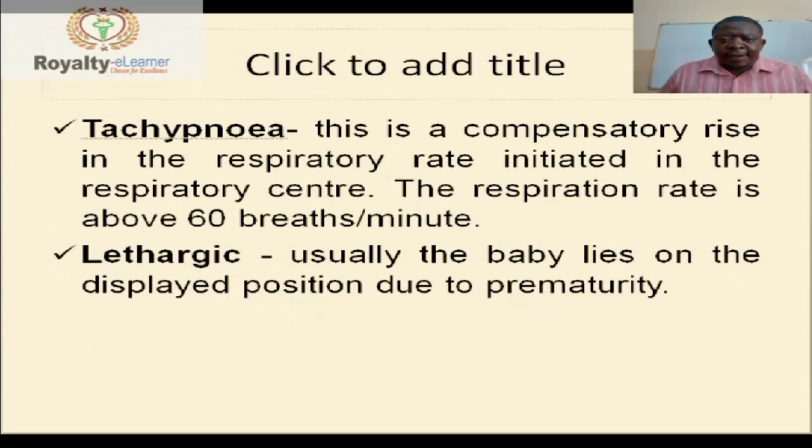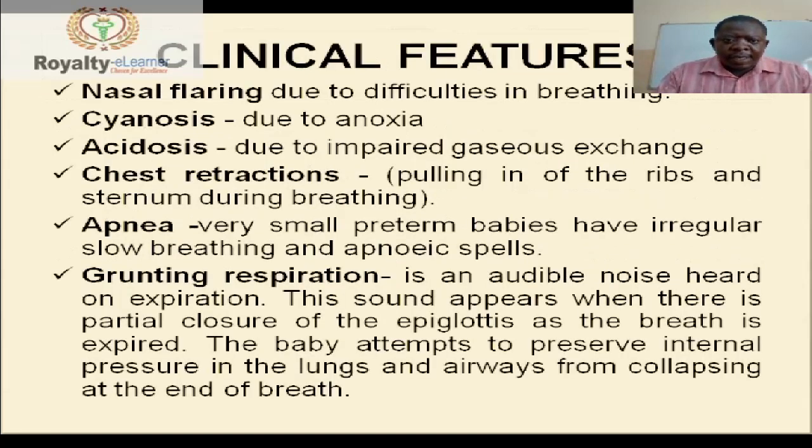Tachypnea is a compensatory rise in the respiratory rate that is initiated in the respiratory center. The respiratory rate is above 60 breaths per minute. Because of the blockage there, with grunting respiration the baby attempts to preserve internal pressure in the lungs and airway from collapsing.